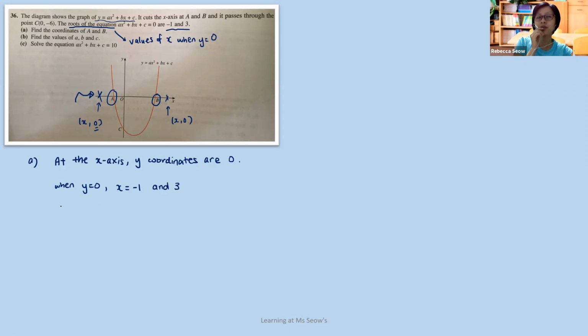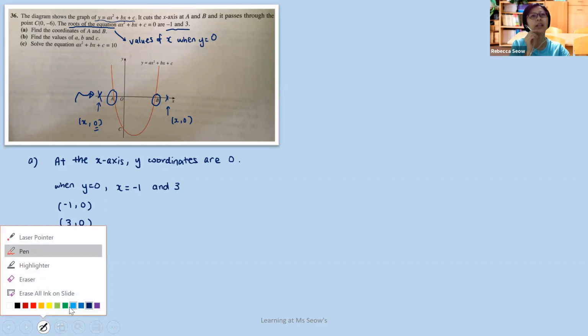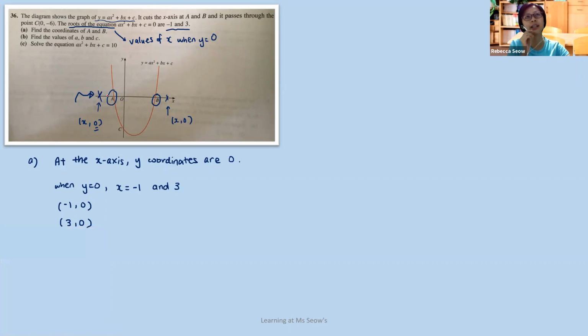So we have two pairs of coordinates here. The first pair of coordinates will be (-1, 0), and the second pair will be (3, 0). Now, which would be A and which would be B? Let's analyze. A is to the left of the origin.